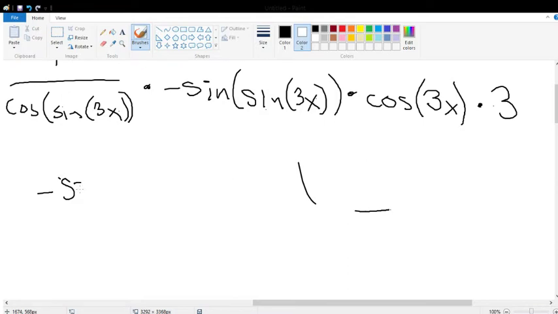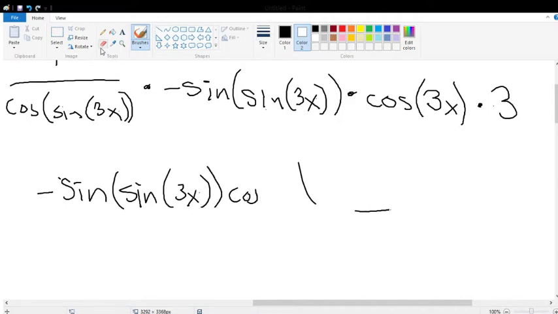So this is negative sine of 3x, cosine of 3x. Can't you change the size of an eraser? What the heck? So cosine of 3x. Oh, I should put the 3 out front here.